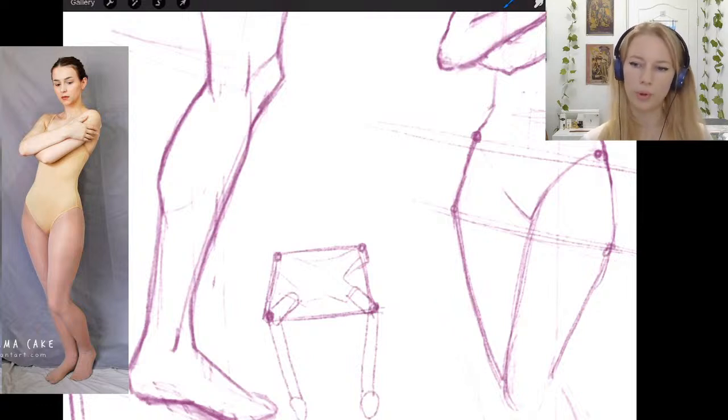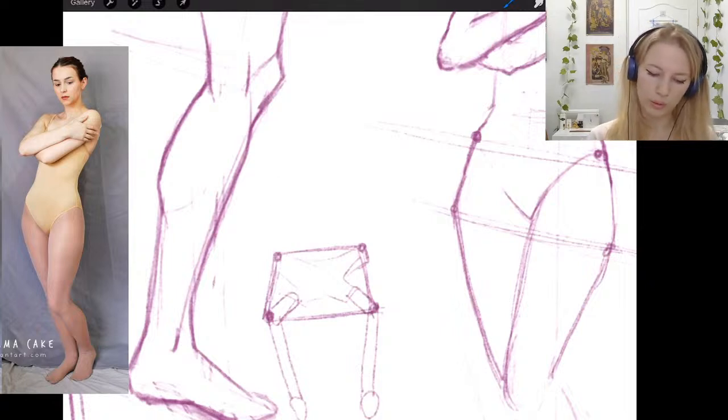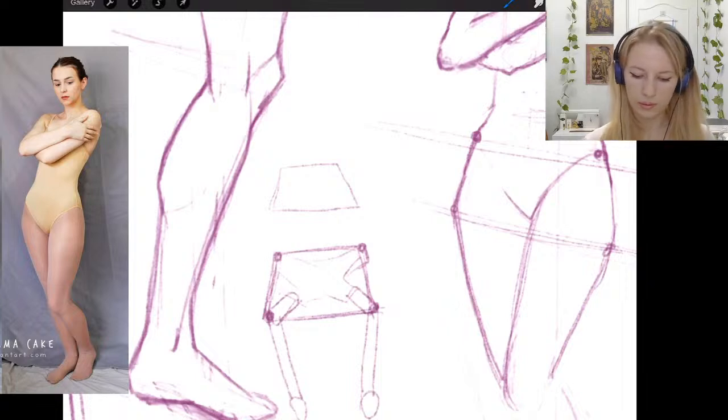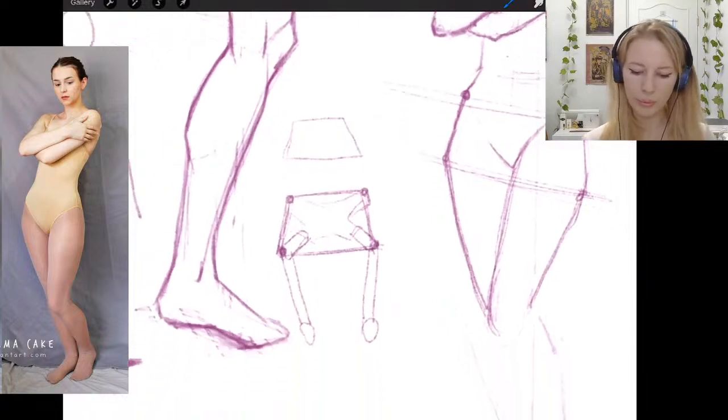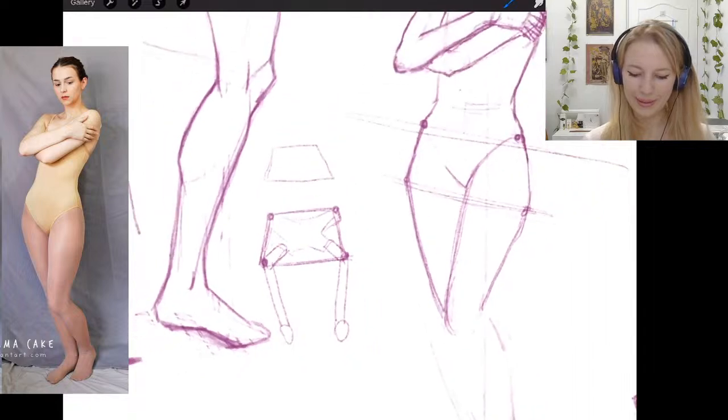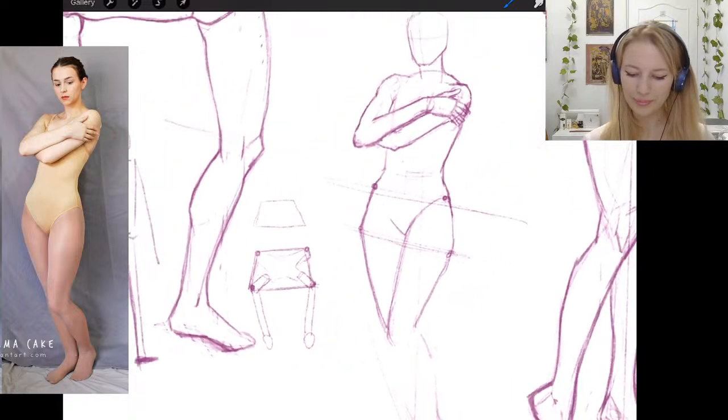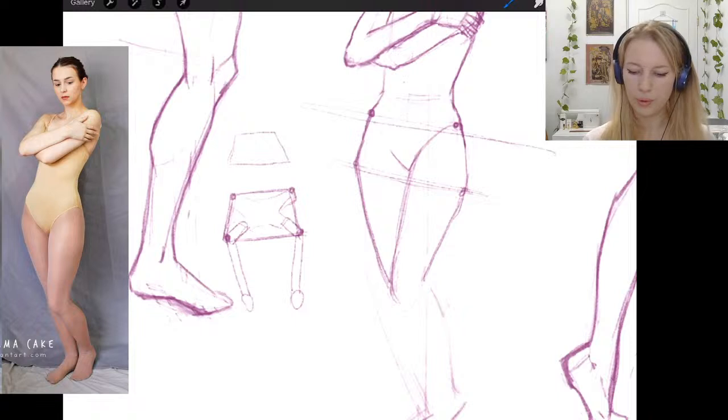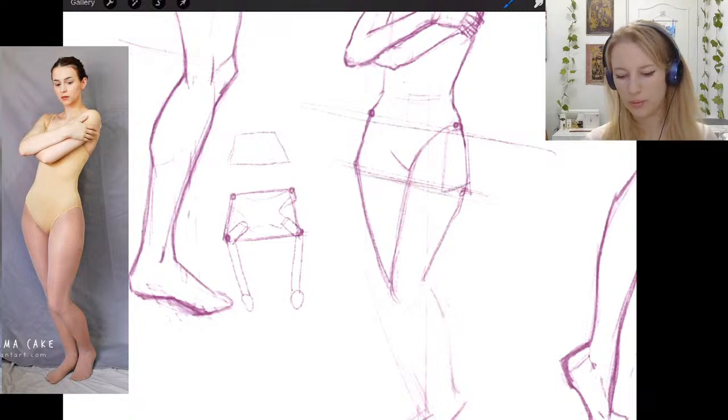There will be different proportion, different shape, but anyway, for female proportion, it looks like this, a trapezoid or whatever it's called. It's not necessary to draw the whole thing here, but we can just understand that it looks like this. More or less.